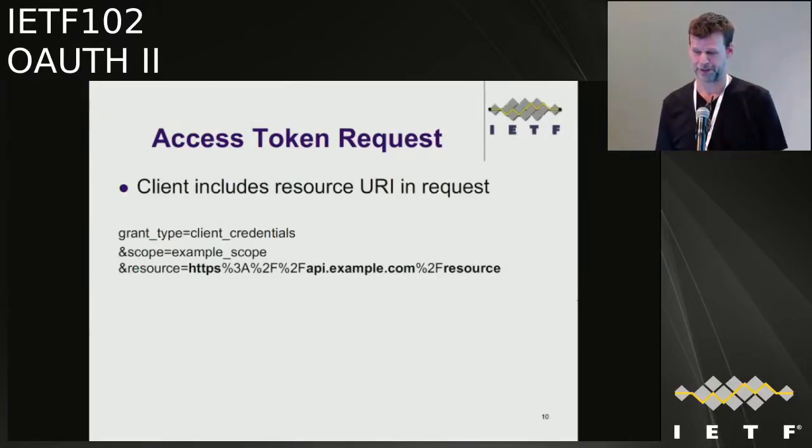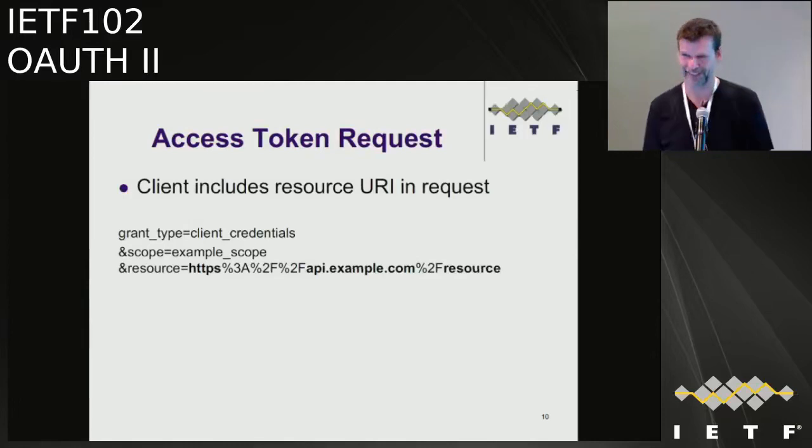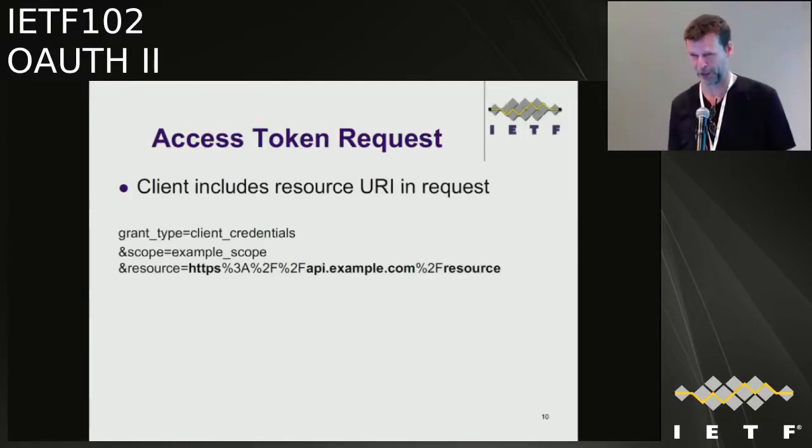So yes, this is what he's talking about. Right, but that wasn't the resource on the other slide. Well, this is the resource URI as it's handed in the access token request. And so in the other slide, I had resource URI, which is the parameter called resource currently.